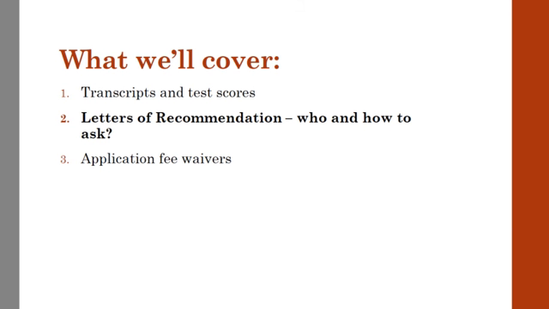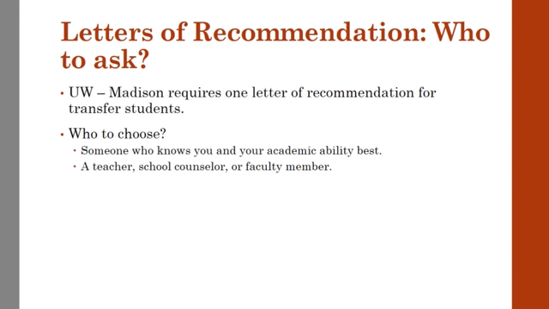Next up, we will discuss who and how to ask for letters of recommendation. Most UW schools require at least one letter of recommendation. How do you decide who to choose to write you a letter? You should choose someone who knows you best and can speak to your academic abilities. Most people ask teachers, counselors, or faculty members to write them letters of recommendation.